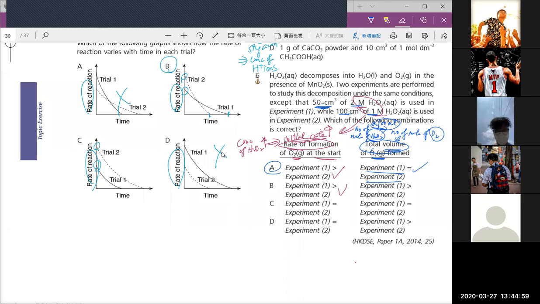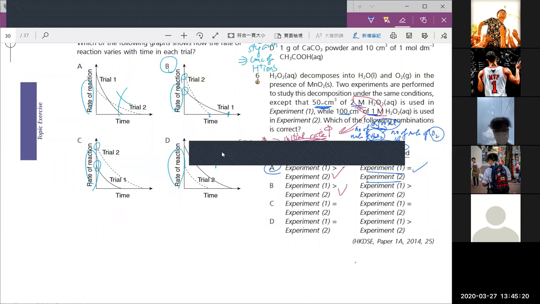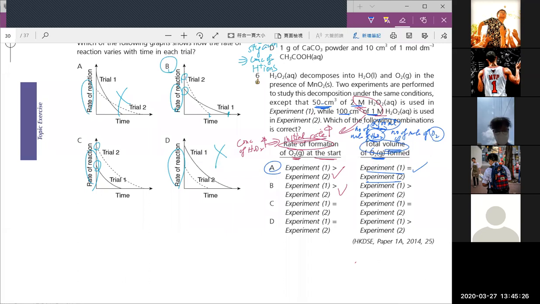Surface area and concentration of reactant. You take a look at the first 6 questions already. It's not just surface area. It's not just this. These two collectively are just under one concept only, right? Which is the factors affecting the rate of reaction. The factors affecting the rate of reaction, they are different.